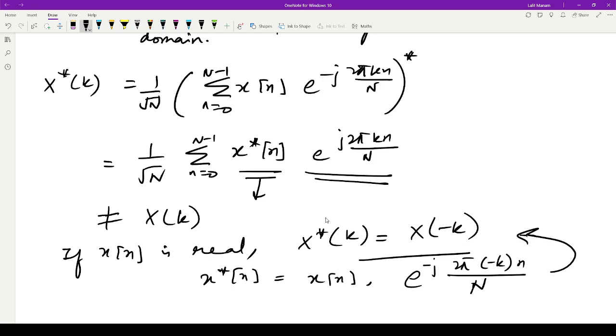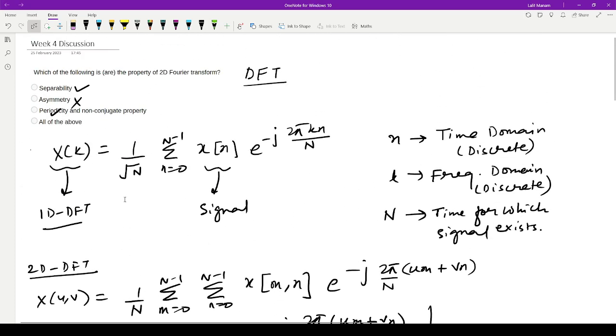Everyone agrees with this? Any doubts? So the non-conjugation property is false, and of course, all of the above is false. The answer is separability for this question.